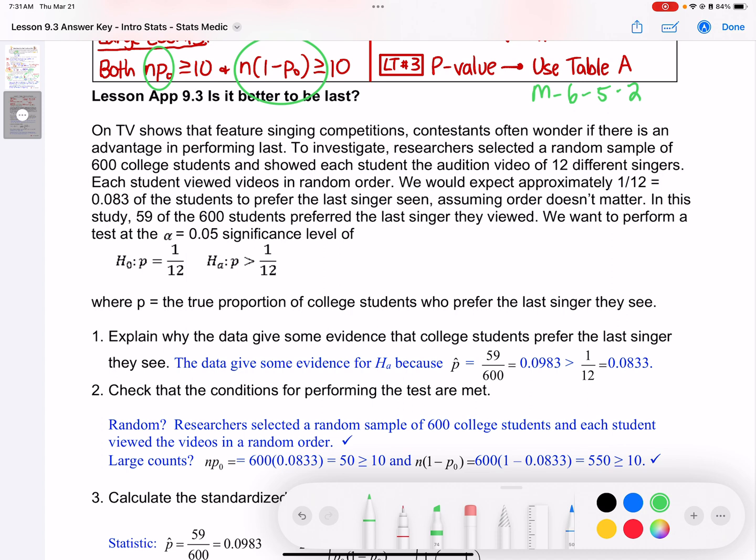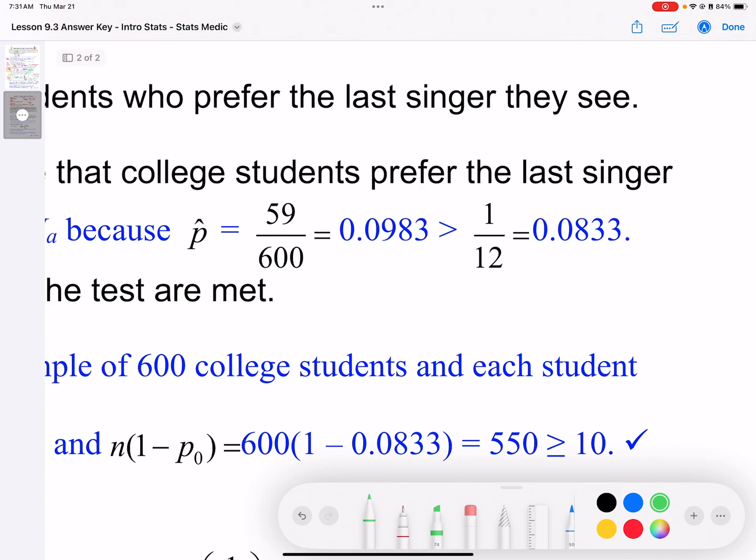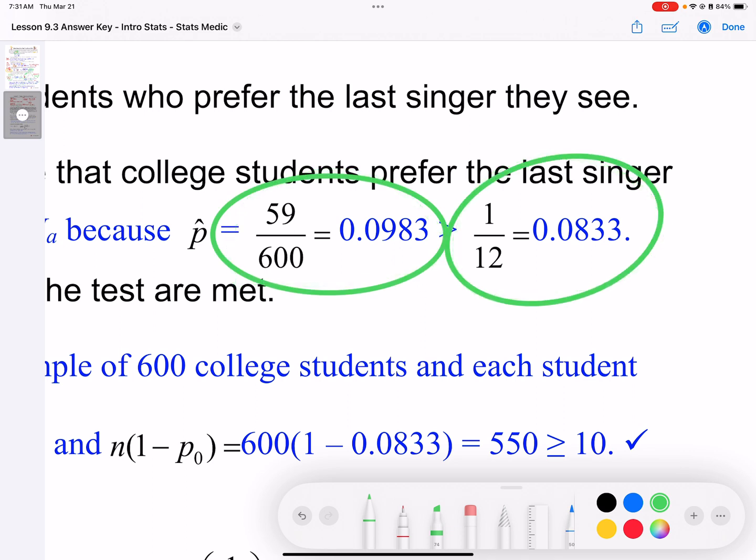It found that 59 out of 600 actually preferred the last singer they viewed. Since 59 out of 600 is almost 10%, and 1/12 is only about 8%, that's why they're questioning it.